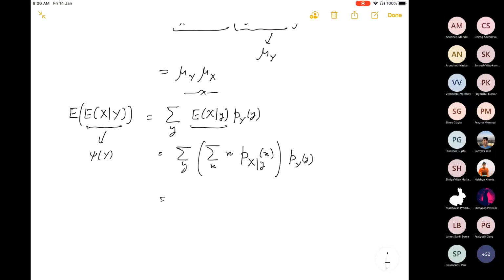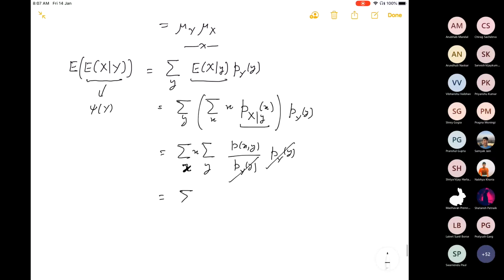So therefore, this value will be summation over y, summation over x, x times the joint over the marginal of y, into p_Y(y). Okay, this will cancel out.